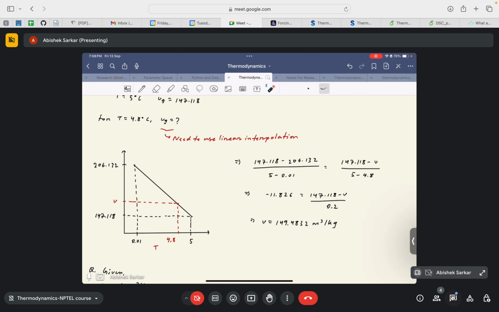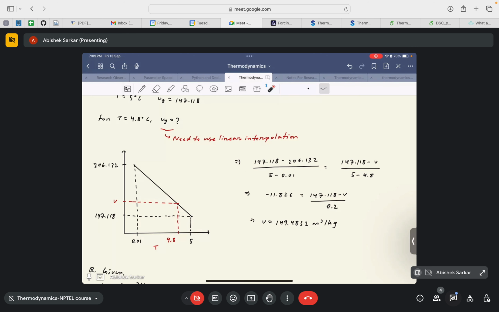So we have 147.118 minus 206.132 divided by 5 minus 0.01. Always take the corresponding values, don't get confused with the diagram. The specific volume for 5 degrees Celsius is this, and for 0.01 it is 206.132. These are known values, so you write it here.